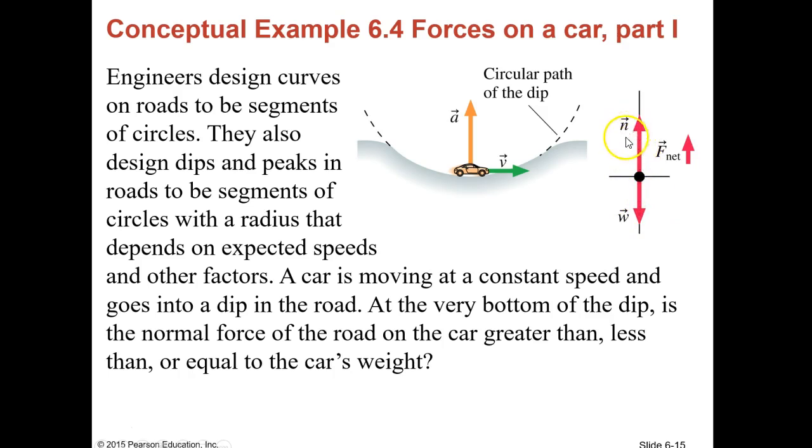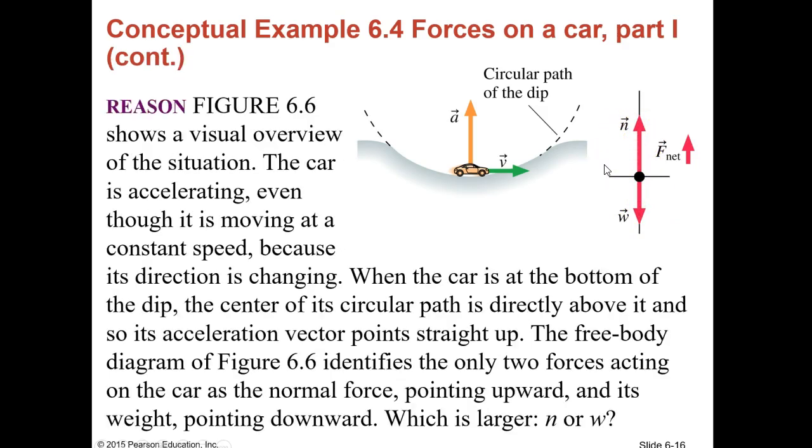We have the normal force pushing up. The car is accelerating even though it's moving at a constant speed, because it's constantly changing direction. So when the car is at the bottom of the dip, the center of the circular path is directly above it, and its acceleration vector points straight up.